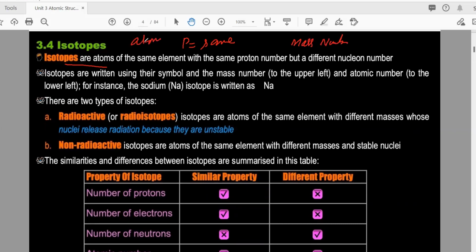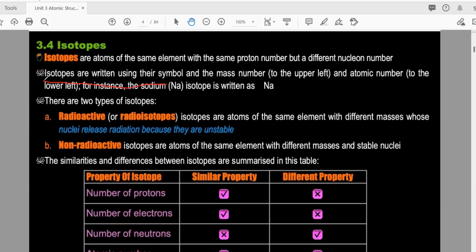The atomic number is the same, but the mass number is different. And why? Due to the neutrons, because each has a different number of neutrons. So again, the definition: atoms of the same element with the same proton number or atomic number, but different nucleon number or mass number, are known as isotopes.